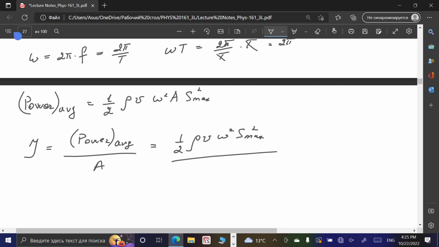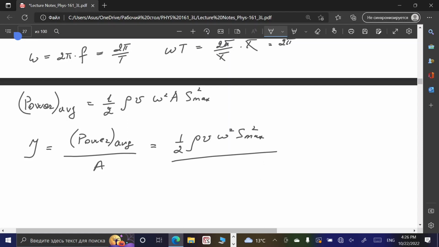So now we have the intensity of the sound wave in terms of the displacement of the element of medium, of air.